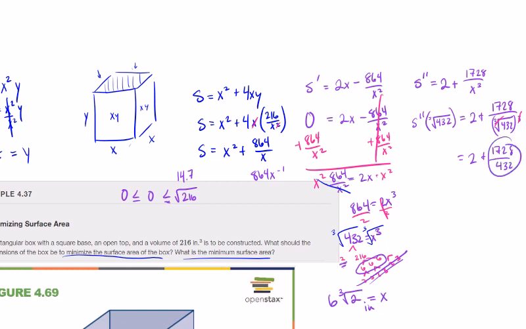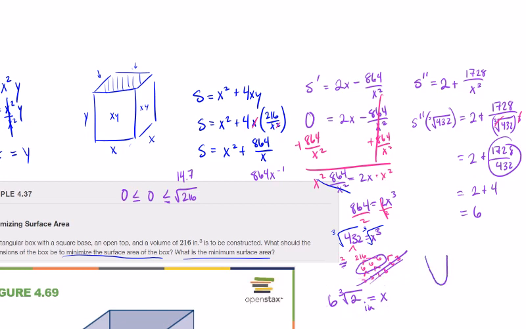We can divide this and we get 4, so it's just 2 plus 4, and that equals 6. And the key here with the second derivative is this is positive 6, right? Which means that this is a minimum value.